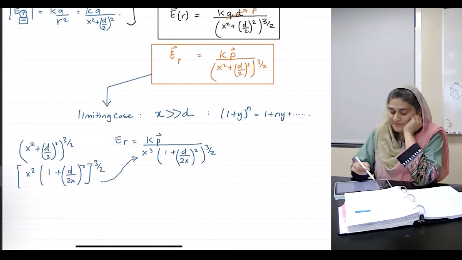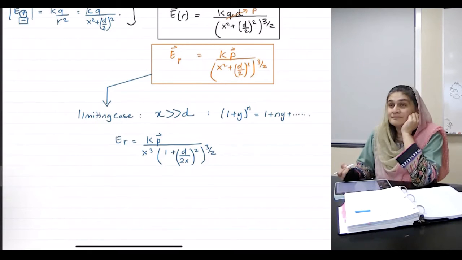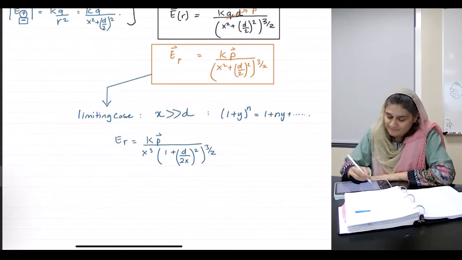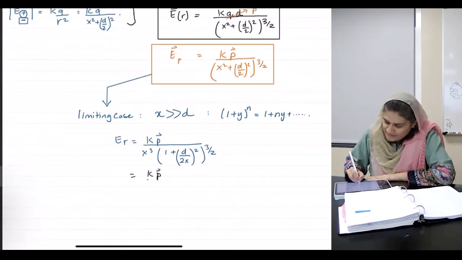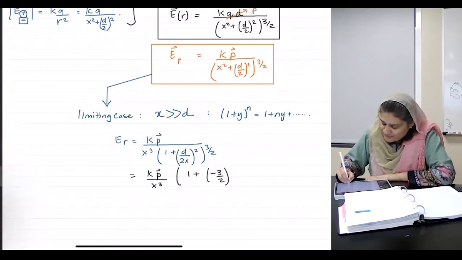Okay, so I'm going to erase this. So what will I get? Kp divided by x cubed times 1 plus minus 3/2 d over 2x squared.